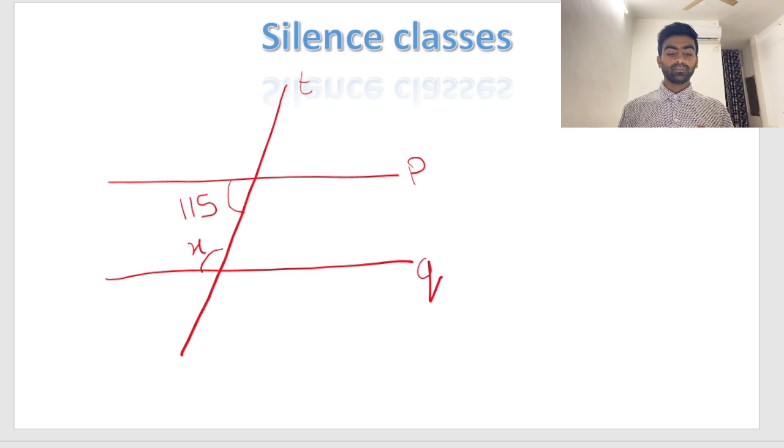So what we have to do, I've told you in the introduction part of this that these angles are known as co-interior angles because they are interior and they are on the same side of the transversal. That's why it is known as co-interior angles, and the sum of co-interior angles is 180 degree.